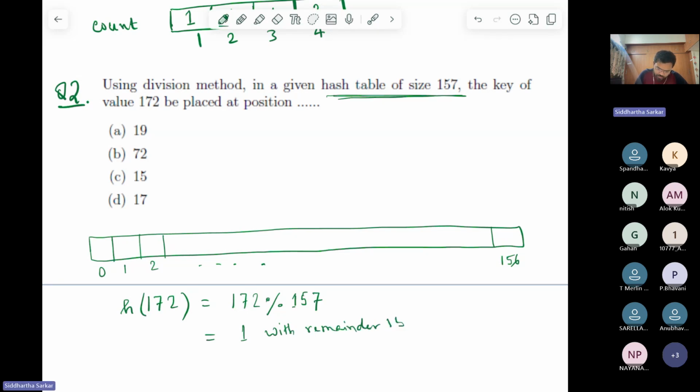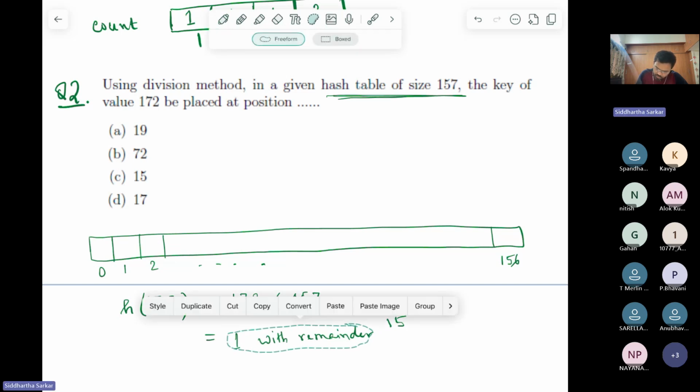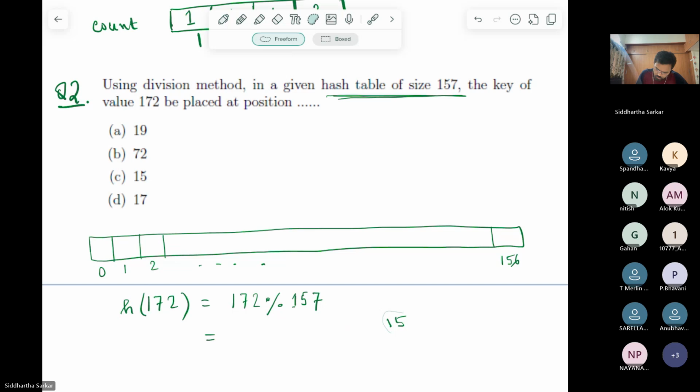So the remainder is 15. Therefore, at position 15, 172 will be placed.